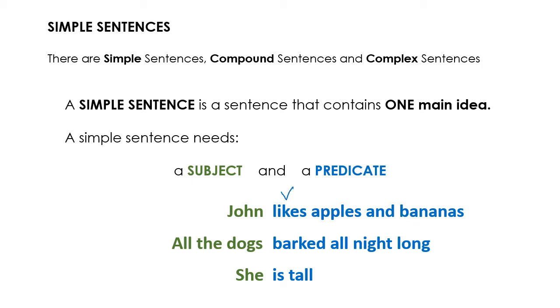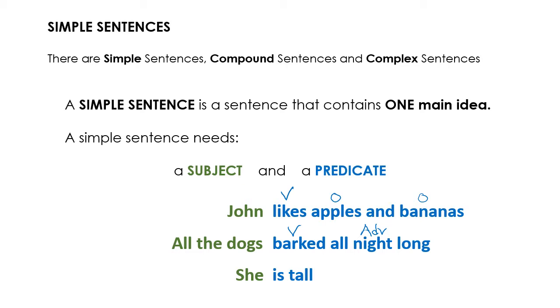So we've got the verb, the first object, and another object. The second sentence, all of the dogs, this is the subject, barked, that's a verb, all night long. This is not an object, this is the kind of adverbial phrase of time, isn't it? All night long.